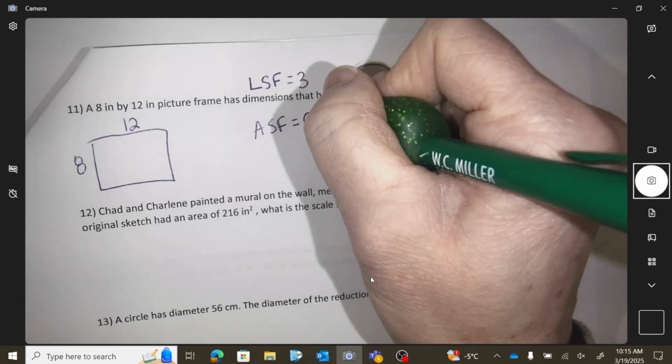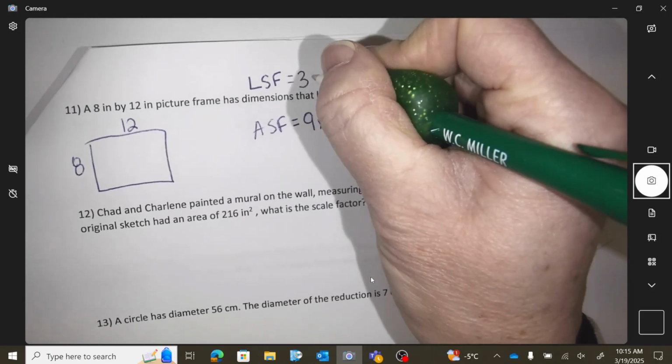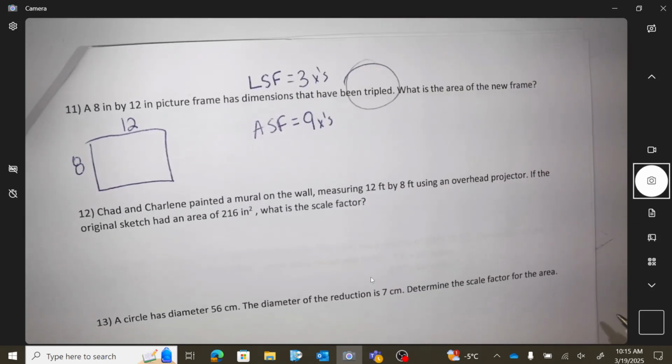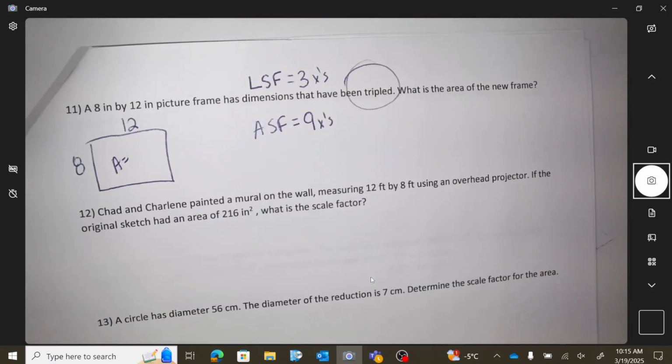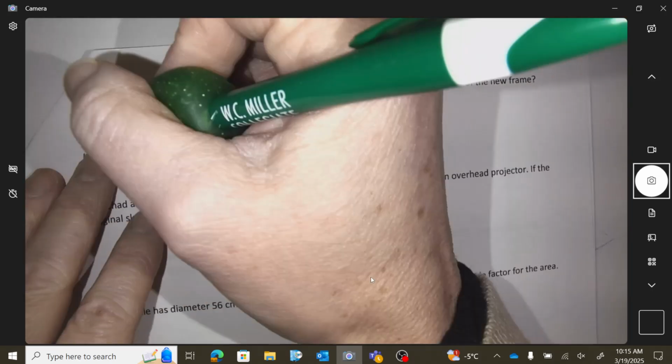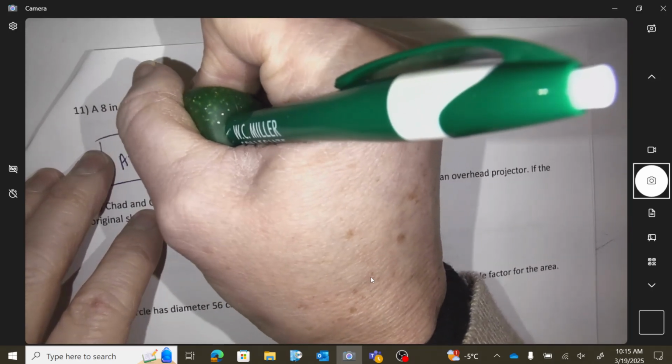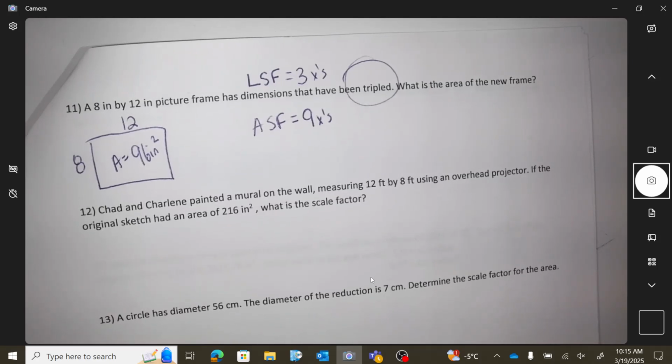Square it. The area is going to be 9 times larger. What is the new area? Okay, so just if I have a square here, the area is 96 inches squared.